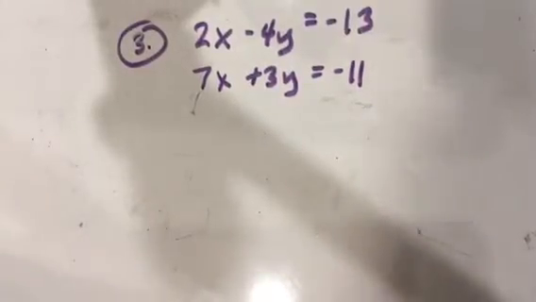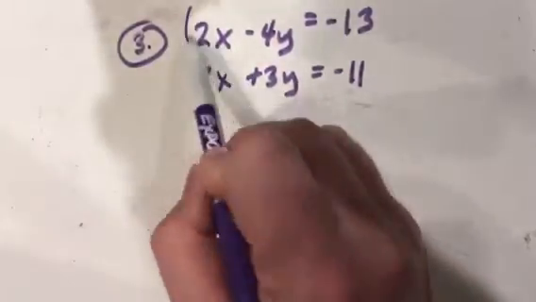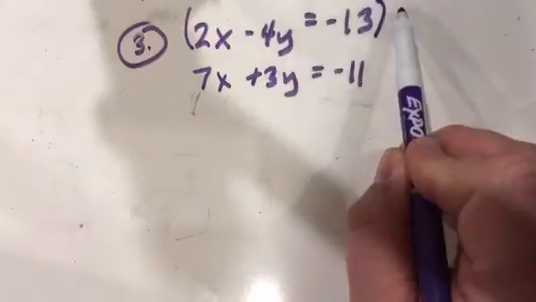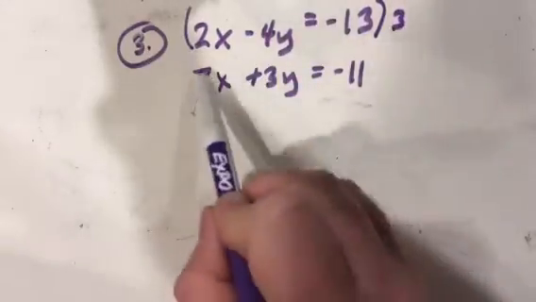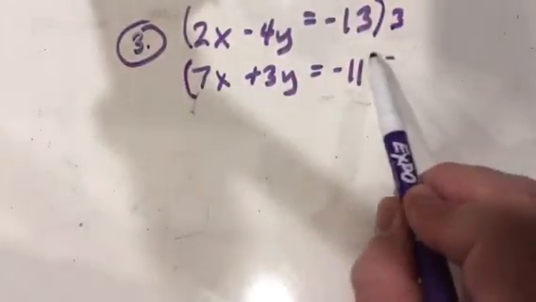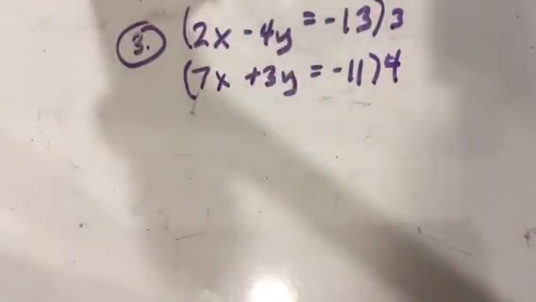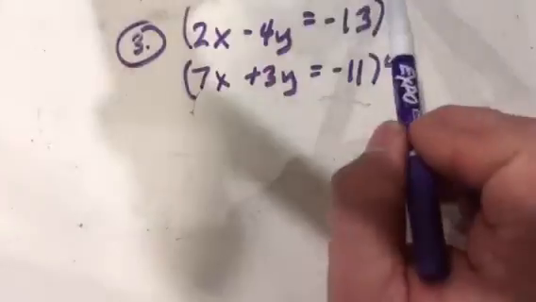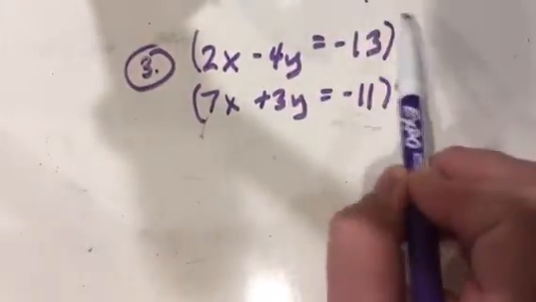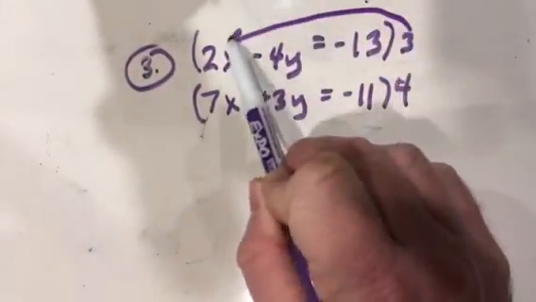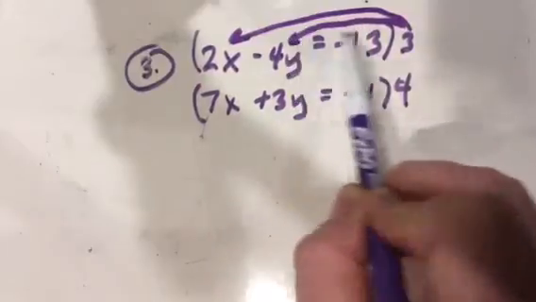For instance, let's say that you recognize that if I multiplied the top one by 3 and the bottom one by 4, that you could get some 12s to cancel out. And again, different people do it different ways. You could have used 7s and 2s to get rid of the x's instead of the y's.